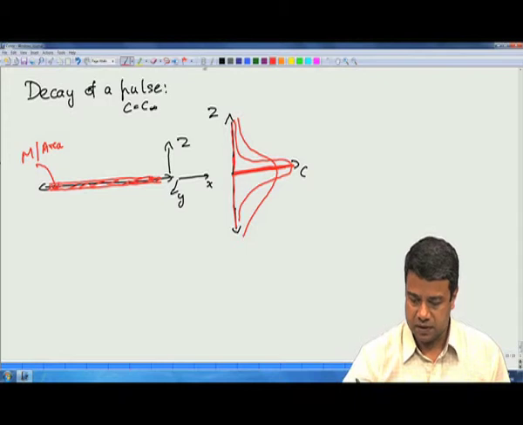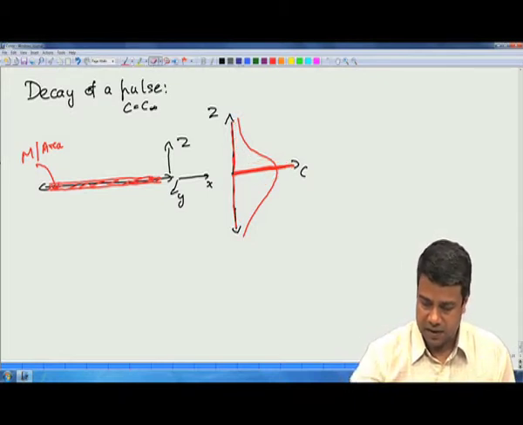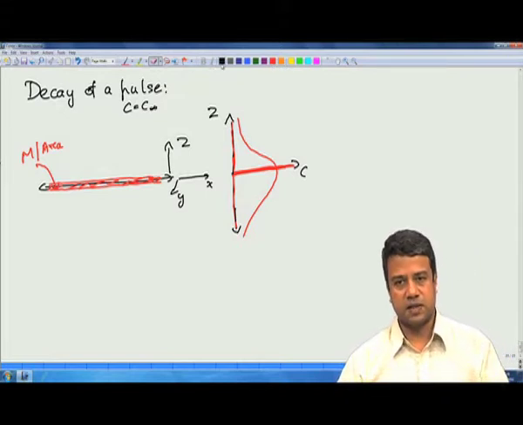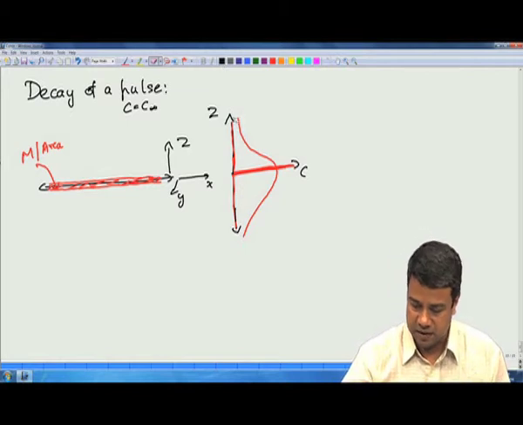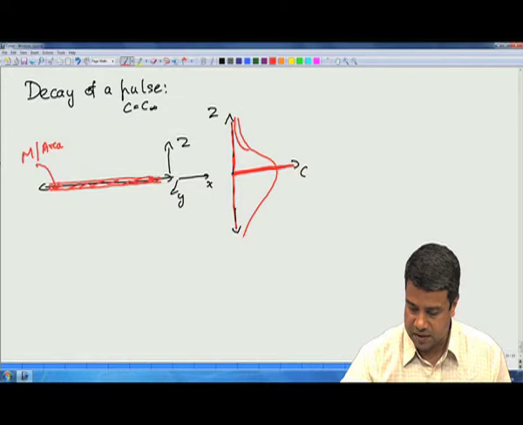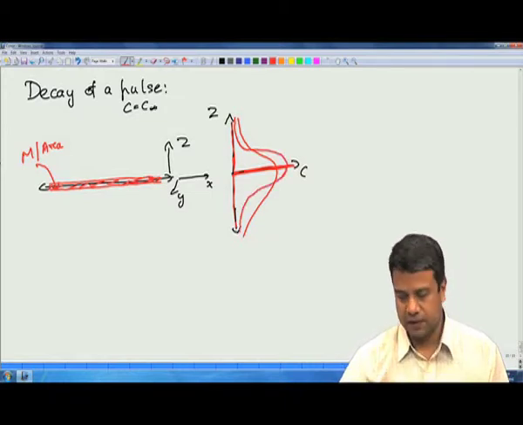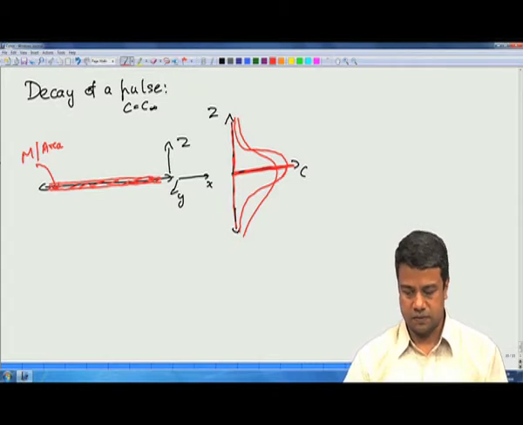My apologies, this should be symmetric because the system has symmetry between plus and minus z, right, because there is nothing that is distinguishing plus and minus z. So, the concentration profile should actually be symmetric about z equal to 0.